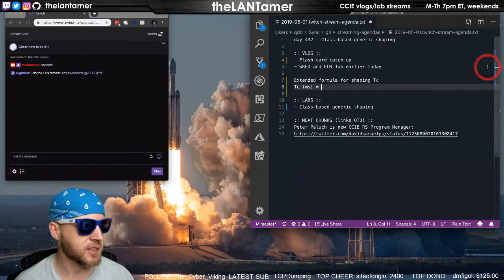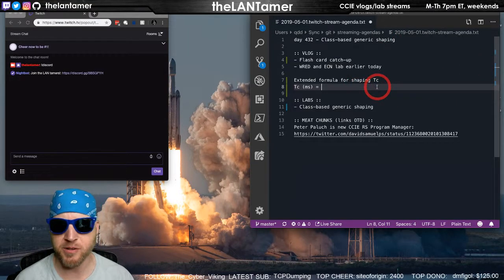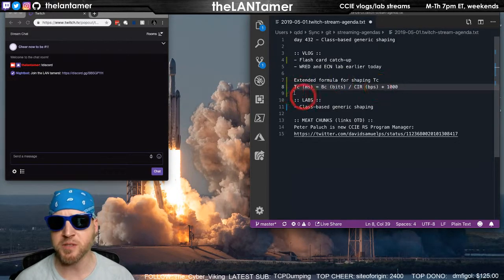Let me see if I actually get it right, because I had to use this in the lab earlier. I believe it is BC in bits divided by the CIR, committed information rate, in bits per second. And this will be times 1,000, because we're looking for the units in milliseconds.